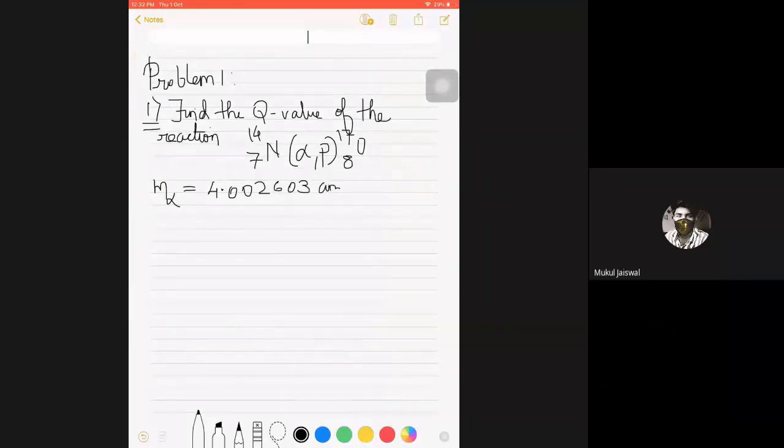Mass of your nitrogen nucleus is 14.0031 atomic mass units.